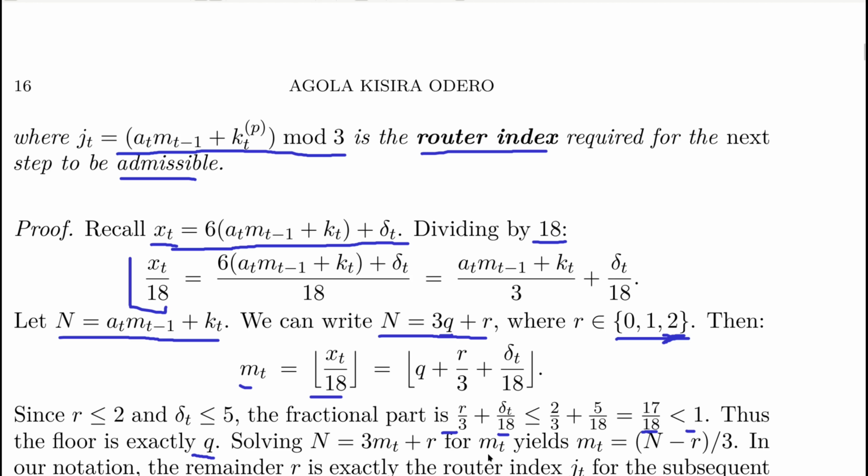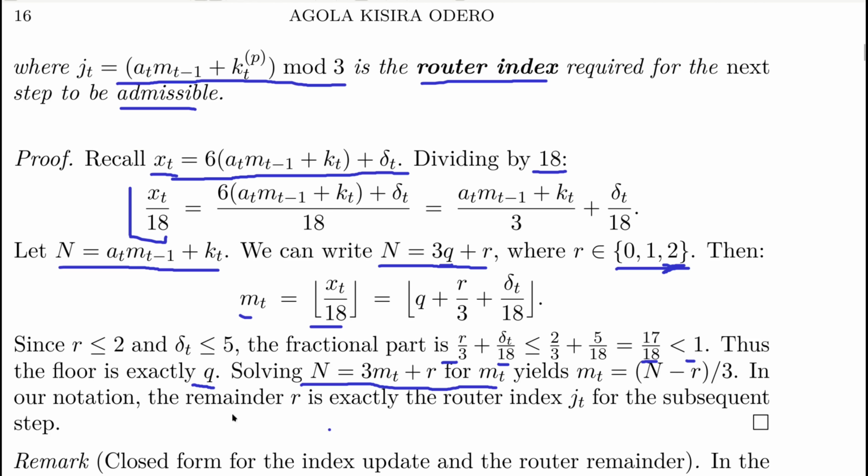Solving for mt yields mt equals open bracket n, capital N minus r, close brackets, all over 3. In our notation, the remainder r is exactly the router index jt for the subsequent step.